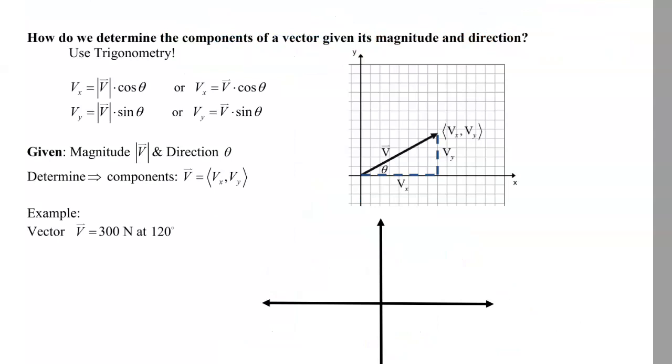So what we've done so far is I've given you components, Vx and Vy, and you found magnitude and direction. How about the other way around? What if I have the magnitude and direction, and I want to find its components?